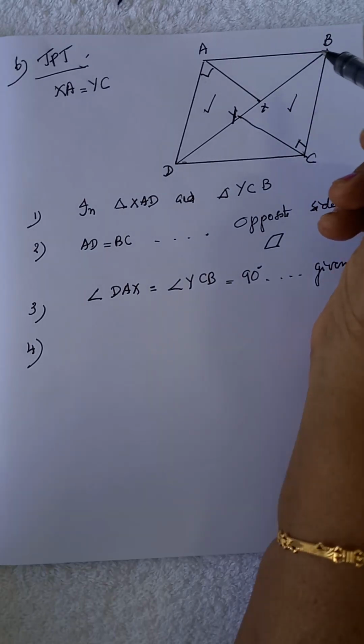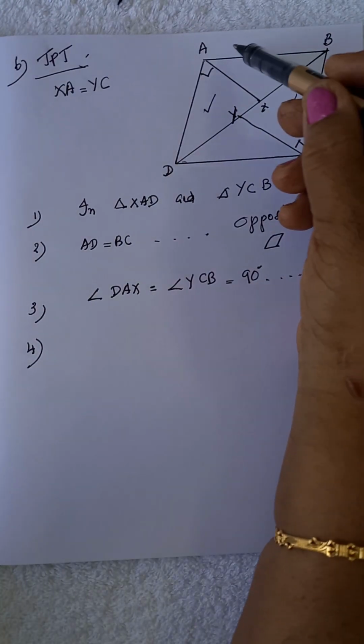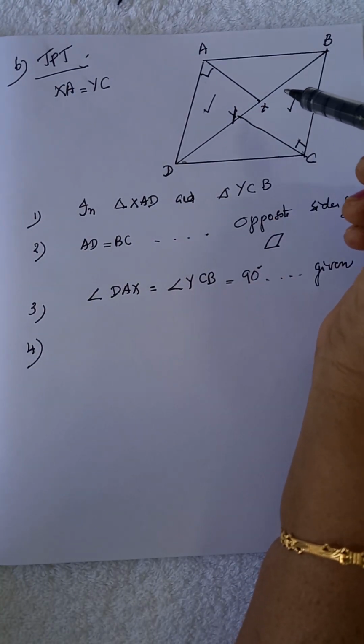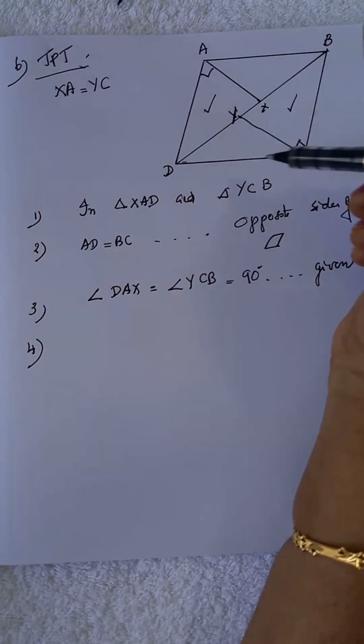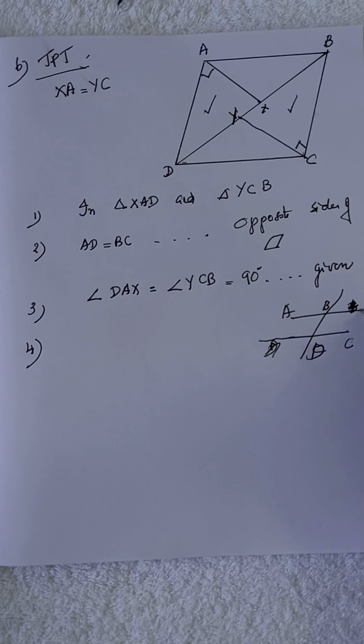Why? Because this is a parallelogram and so opposite sides are parallel. So here the sides AB and DC are parallel and this DB is the transversal. Like this, AB is parallel, CD is also parallel and BD is transversal. So that this angle and this angle, what are these angles?